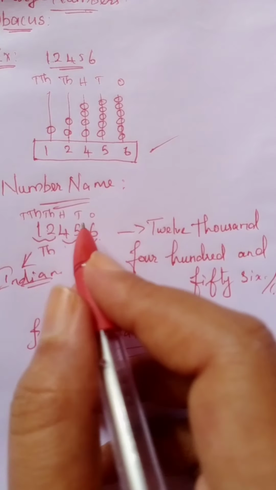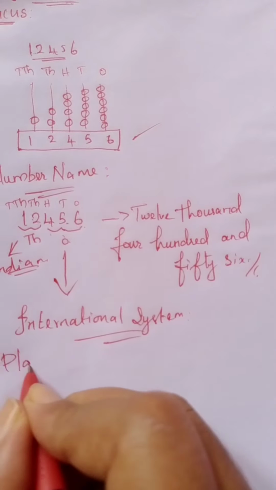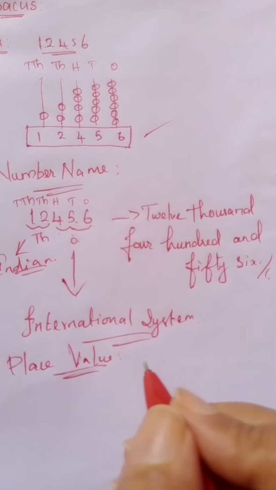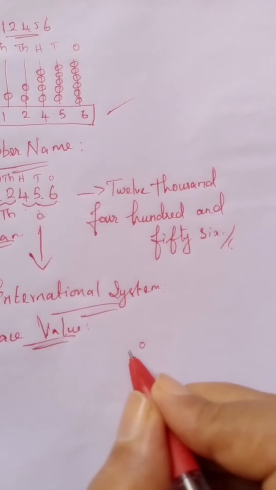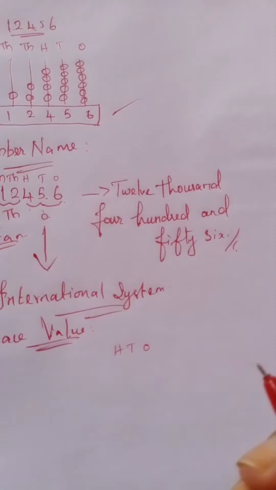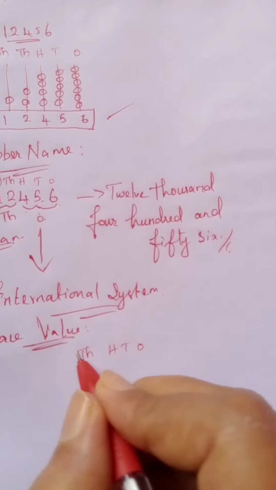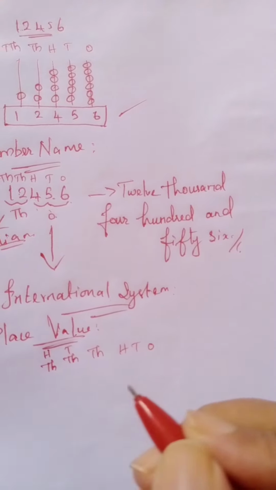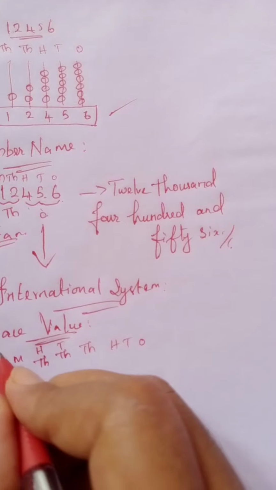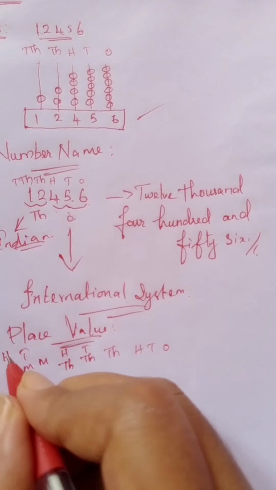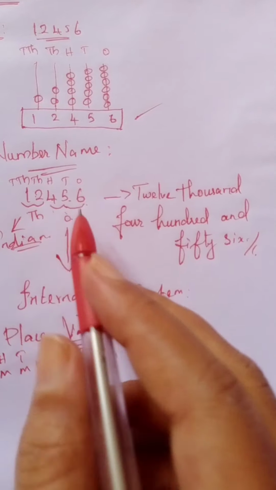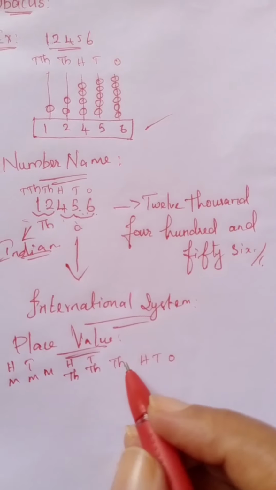To write in the international system, first let me tell you the place values of the international system. Ones, tens, hundreds from the ones family, 1000, 10,000, 100,000 from the thousands family, million, 10 million, 100 million from the millions family, then billion, 10 billion, 100 billion, trillion, 10 trillion, 100 trillion.